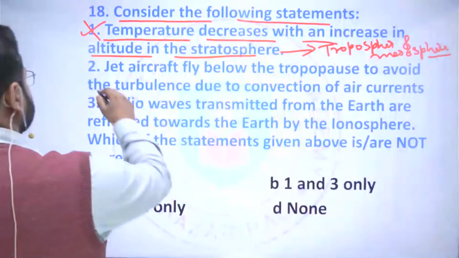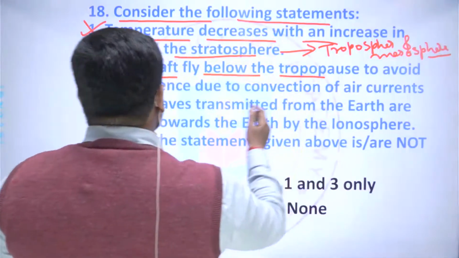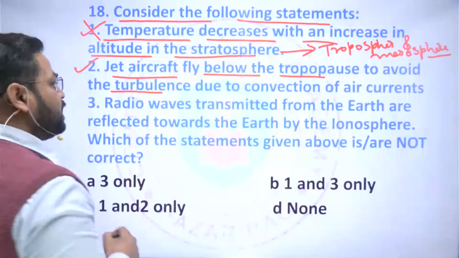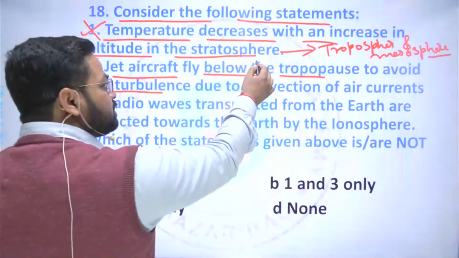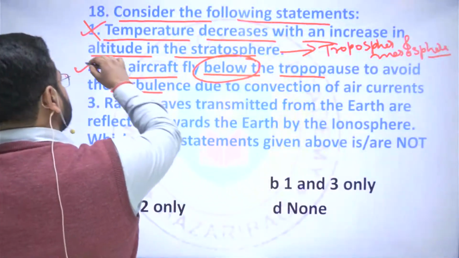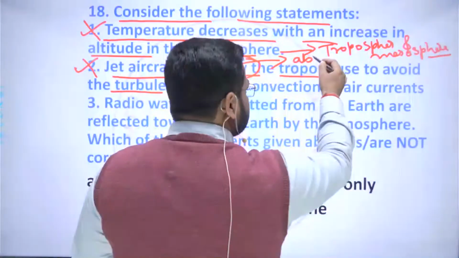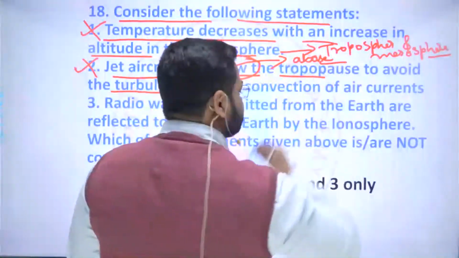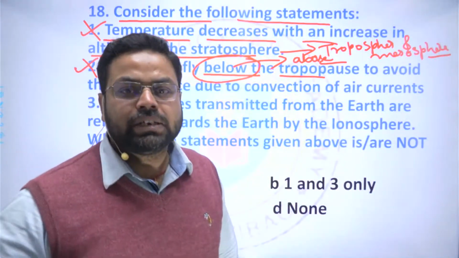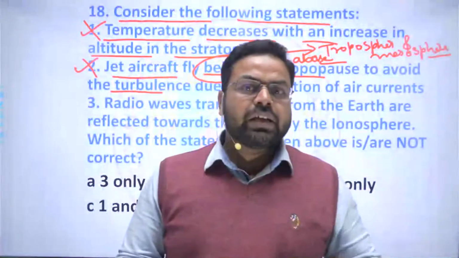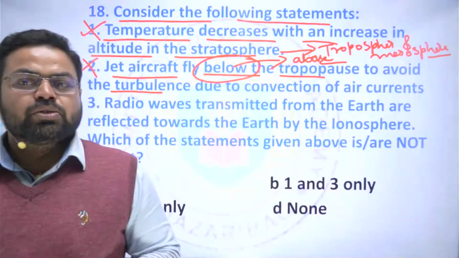Next is, jet aircraft fly below the tropopause to avoid the turbulence due to convection of air currents. So again this is a wrong statement, because here rather than below it should be above the tropopause, right? Because all the weather conditions are there within the troposphere, that is below the tropopause.